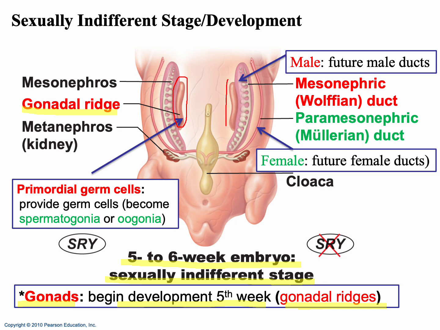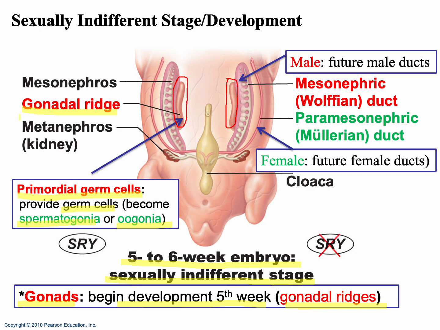Within the gonadal ridge is where you have primordial germ cells formed. So these are stem cells, these germ cells, which can become either the spermatogonia or oogonia. Spermatogonia are stem cells for sperm, oogonia are stem cells for eggs, oocytes.